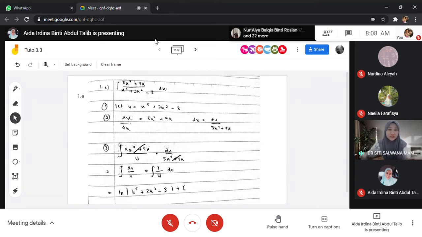So the derivative of u actually yang ni is equal to you punya numerator. So you cancel you punya numerator ni, you replace 5x to the power of 4 plus 4x dx ni as you punya du lah. And then lastly you integrate 1 over u du. Okay, boleh kelas?